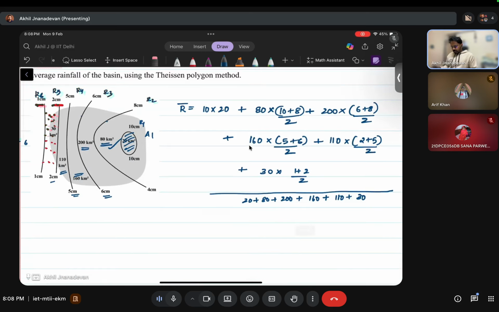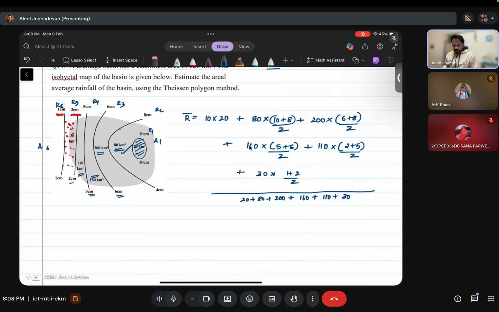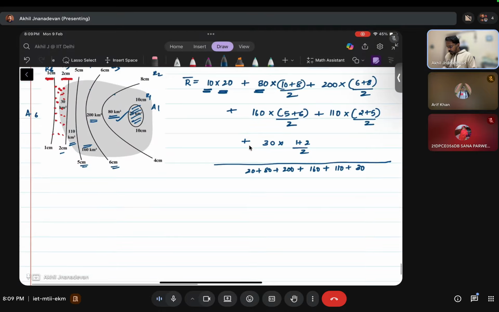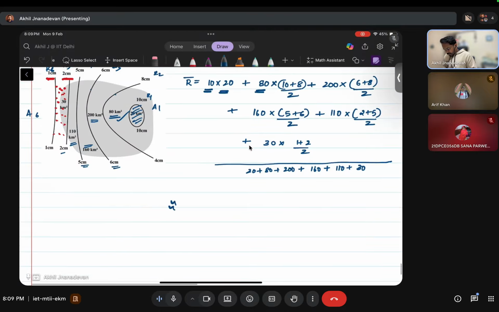It is easier to write without writing the equation. We can see directly in the plot: just write the precipitation multiplied by the area, the area multiplied by the average precipitation. So you can solve this and check the answer.